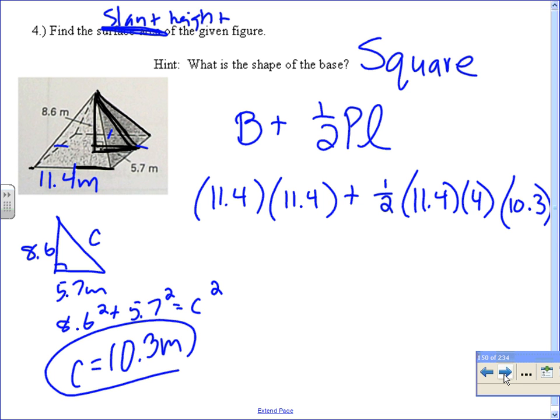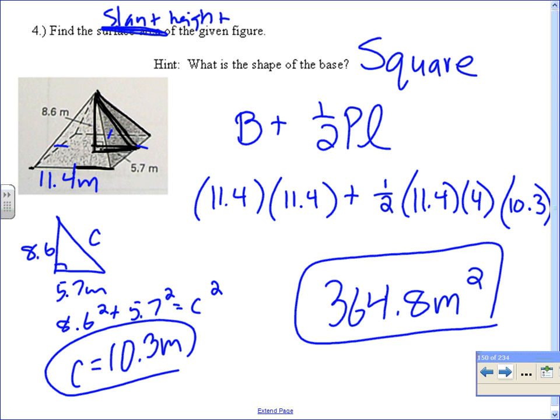Emma H, what'd you get? Good job. 364.8 meters squared.